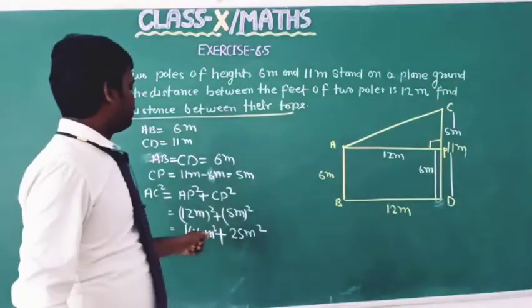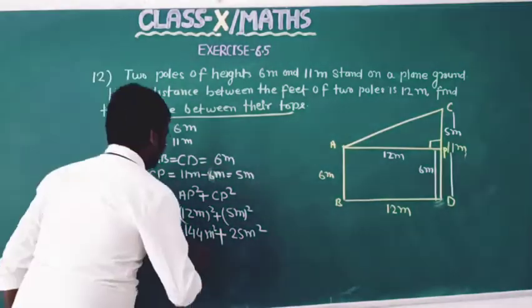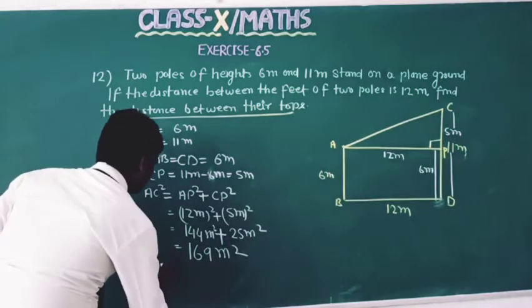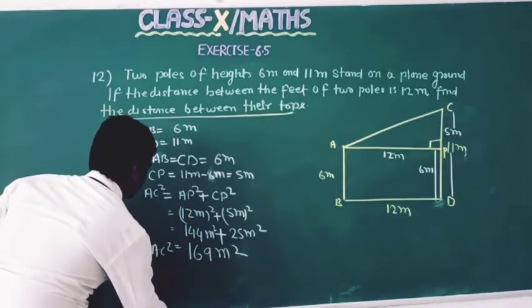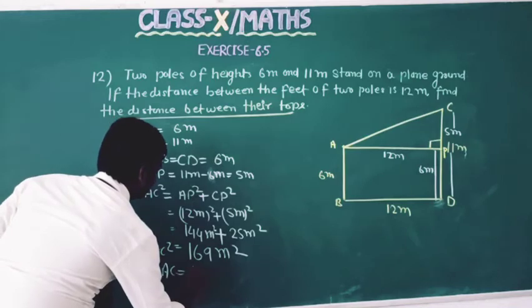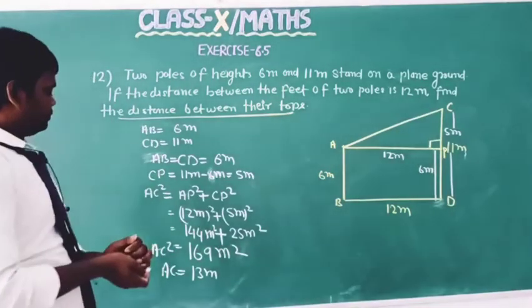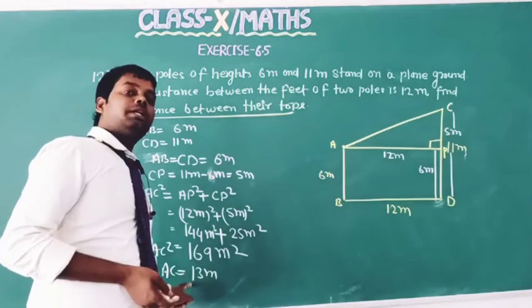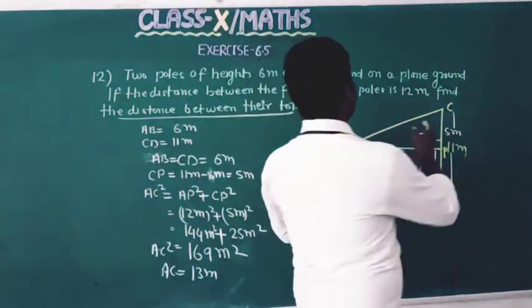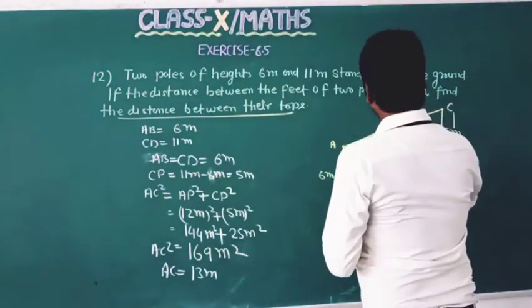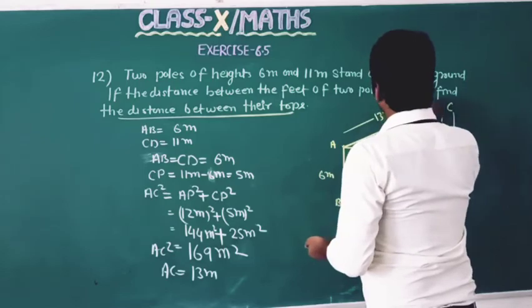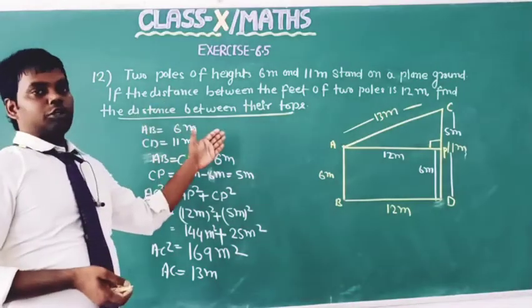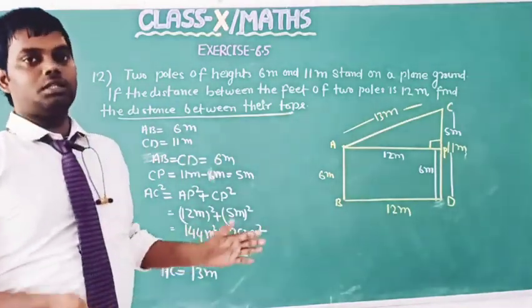Now add 144 to 25, so this is 169, and this is the value of AC square, and the value of AC equals 13 meter. So this is the distance between the tops, equal to 13 meter. Hence the distance between the tops is 13 meter. This is the answer of the question.